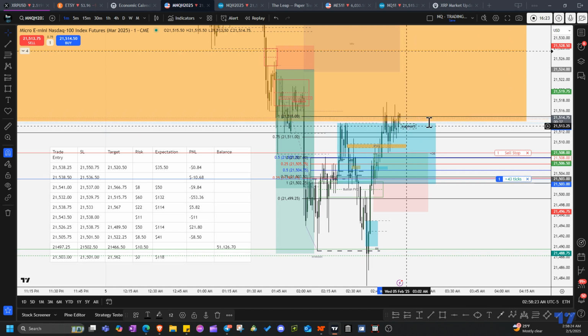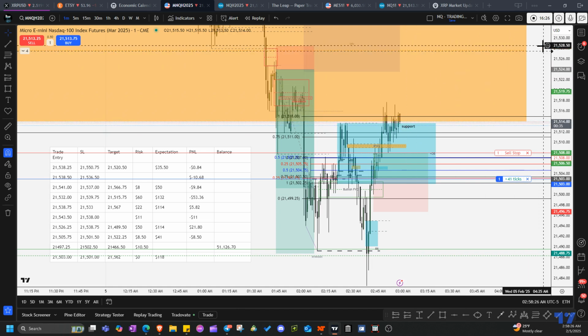Support. If we're correct, that should be support for higher prices. Hopefully it doesn't feel the need to come back down to the 50%. Beautiful.